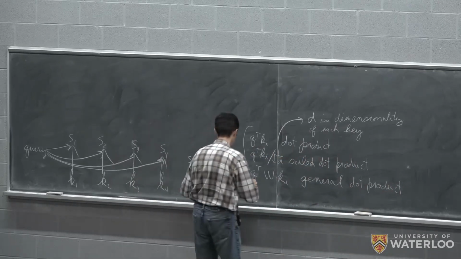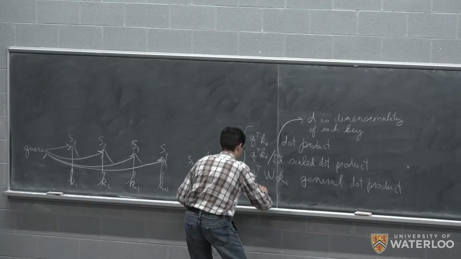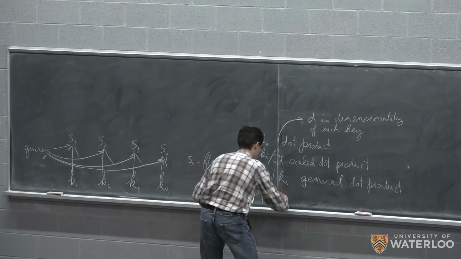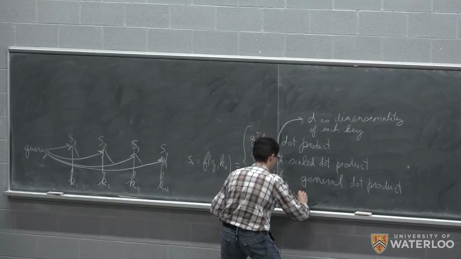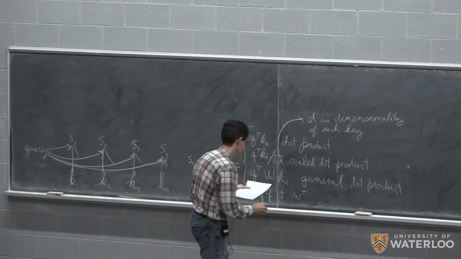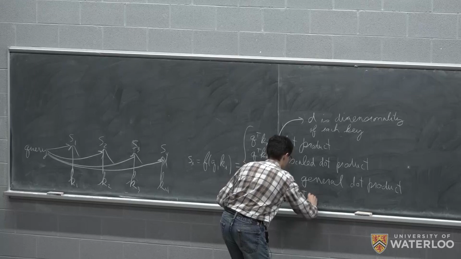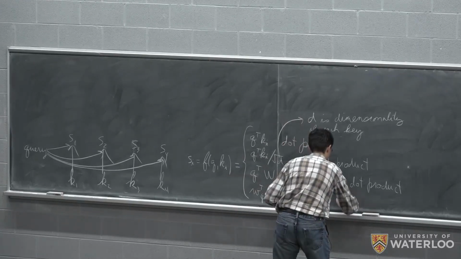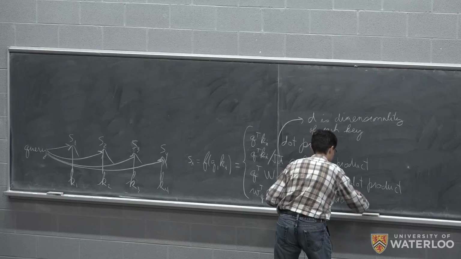And then finally, let's have W transpose Q plus W transpose K, Ki. So this will be an additive similarity.